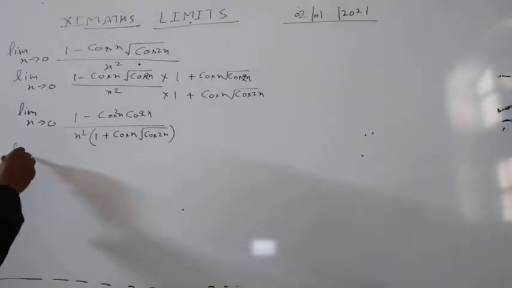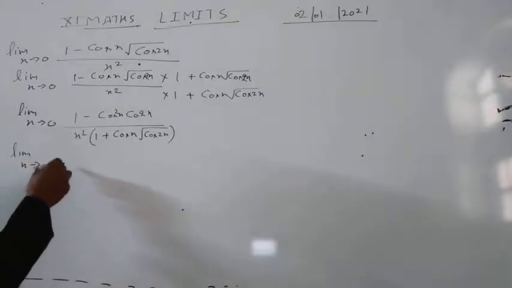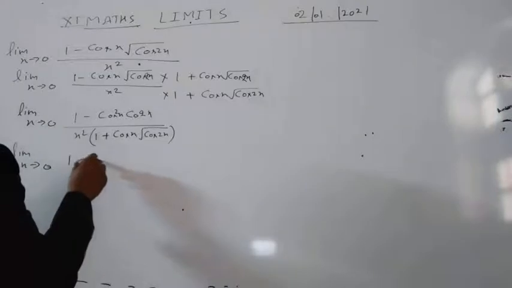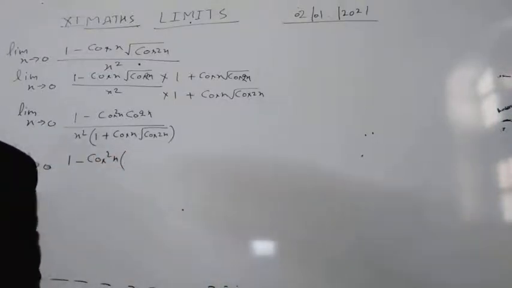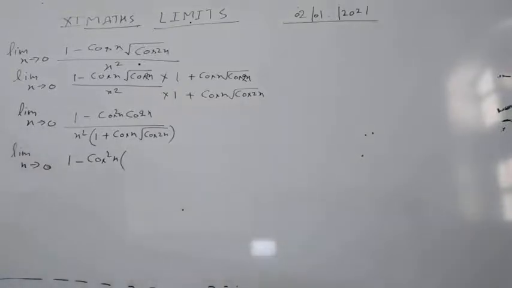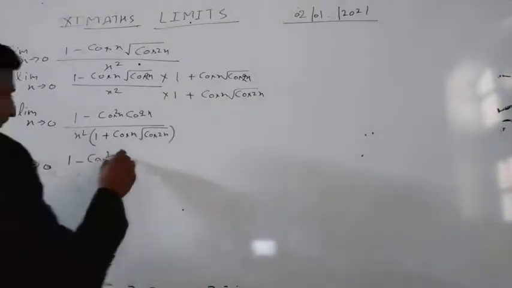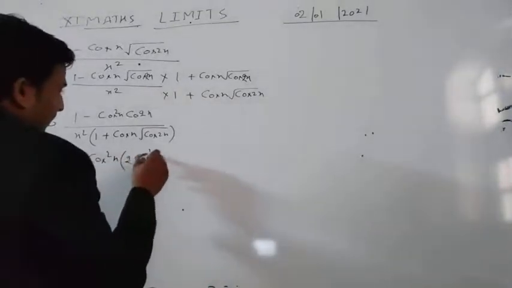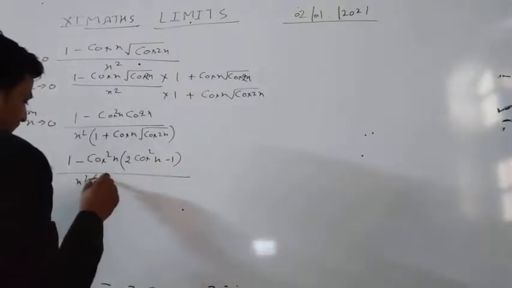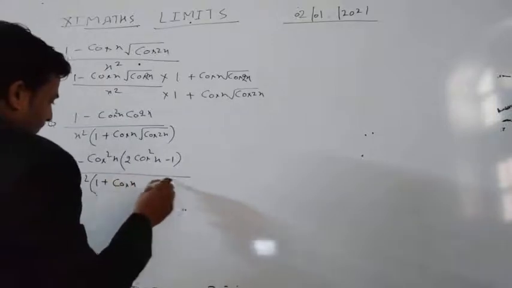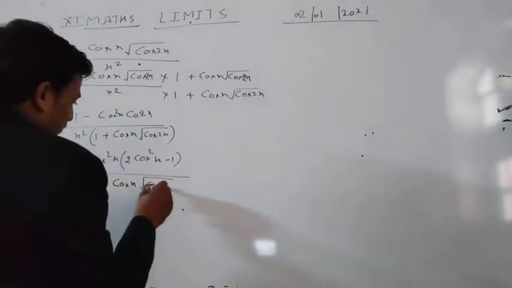now limit x tends to 0 of 1 minus cos square x, and this cos 2x we will write as 2 cos square x minus 1, by x square (1 plus cos x under root cos 2x).